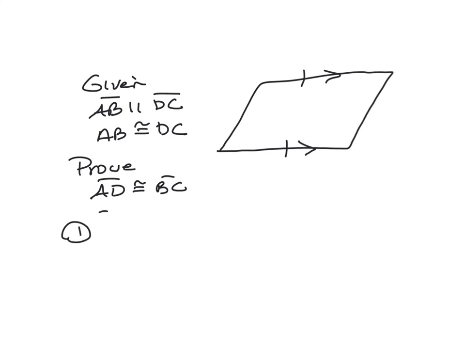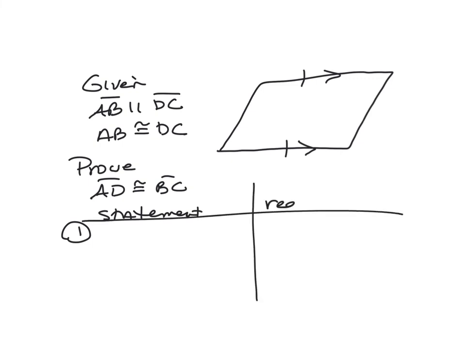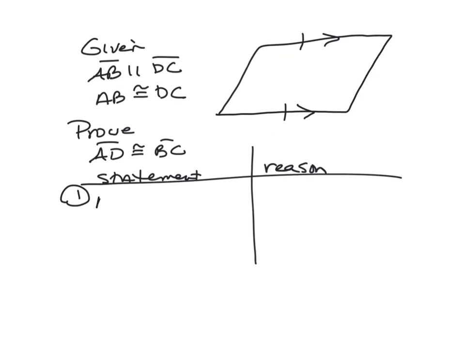So number 1, statement, reason. I'm going to restate the given, AB parallel to DC and AB congruent to DC. And that was given.